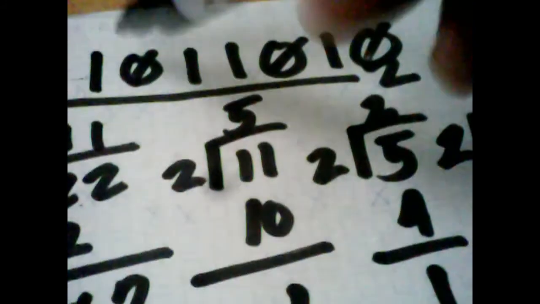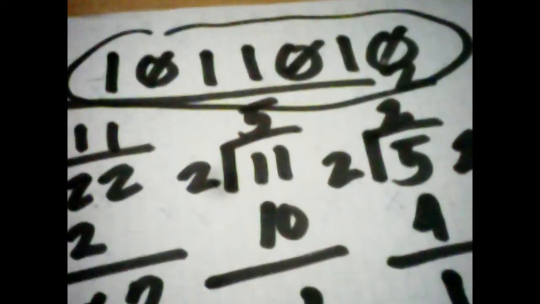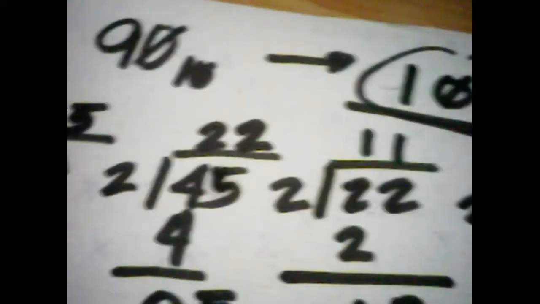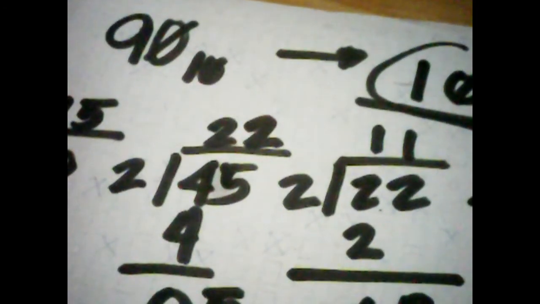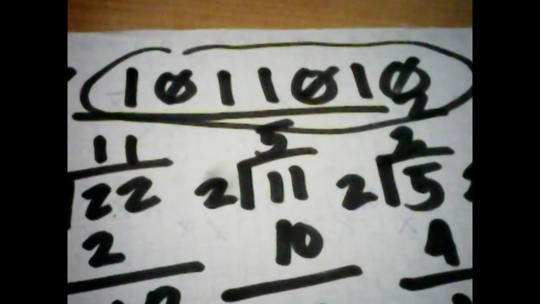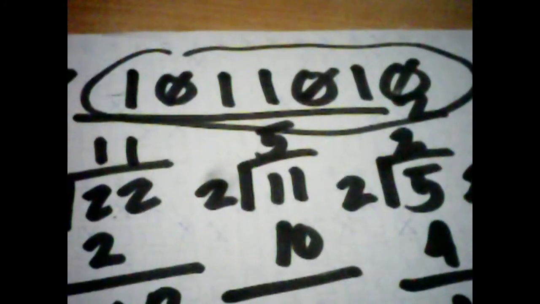Okay, so this is our answer in converting the decimal number 90, after the process of division. So we have now 1011010.